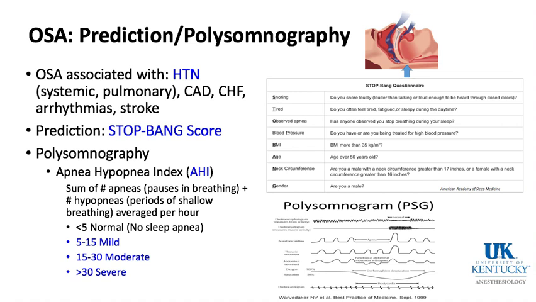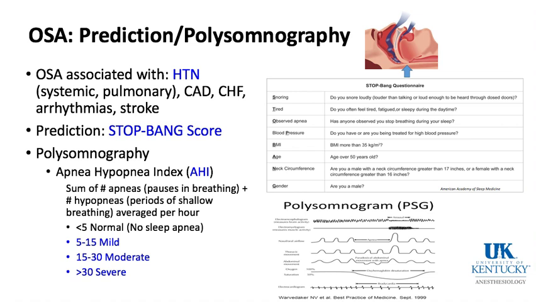If the sum of the apneas, or pauses in breathing, plus the number of hypopneas, which is periods of shallow breathing, when averaged out per hour is greater than 5 per hour, it's considered: between 5 and 15 mild, 15 to 30 moderate, and greater than 30 severe.